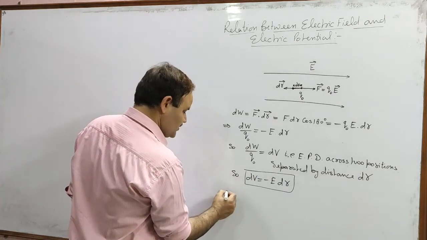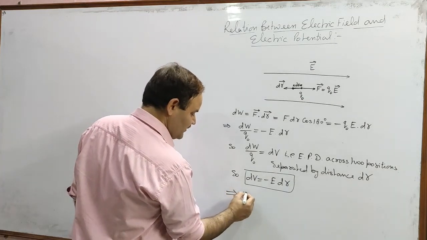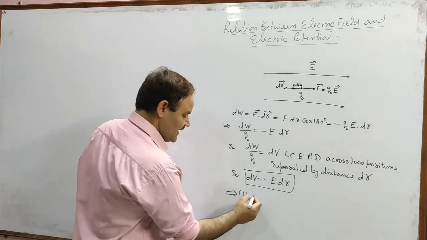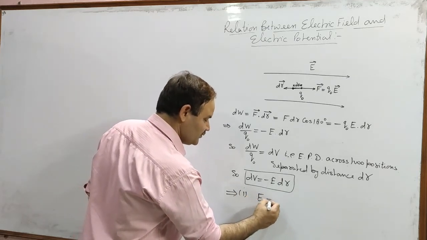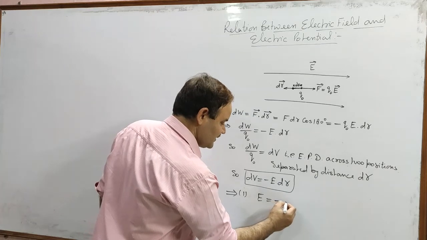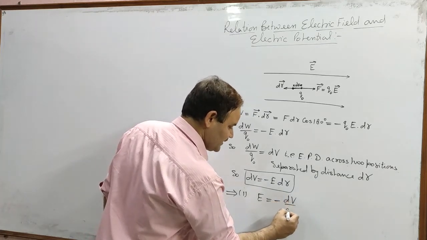This shows, number one, electric field E is equal to minus dV by dr.